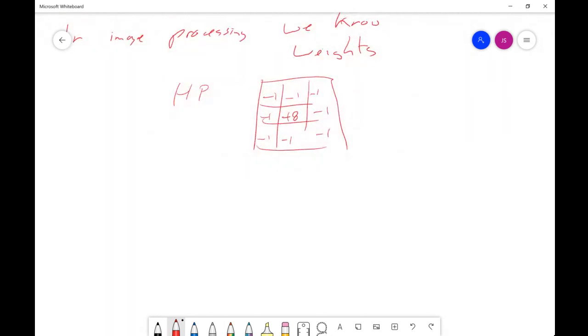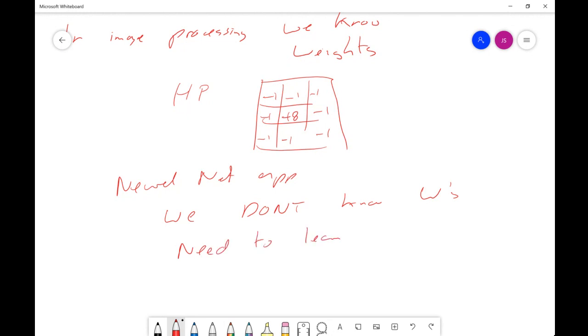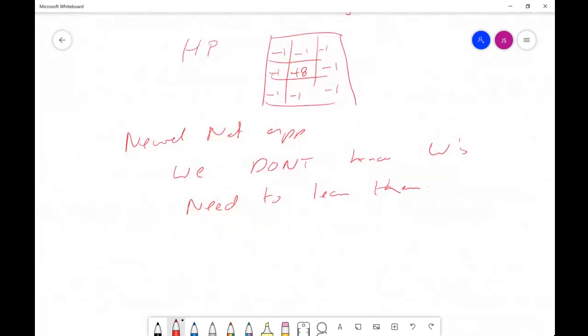In a neural network application, we don't know the weights. We have to learn them. And this idea that the two operations are very similar can lead to an interesting idea.